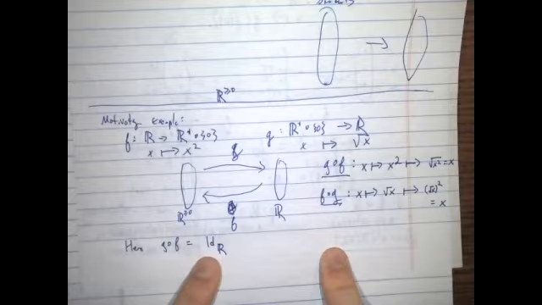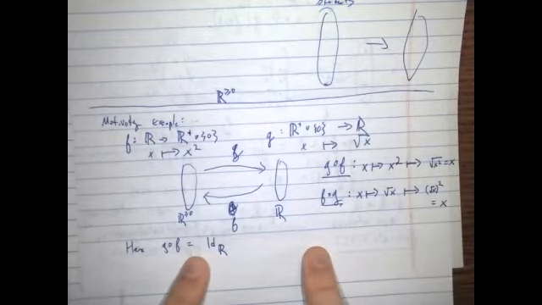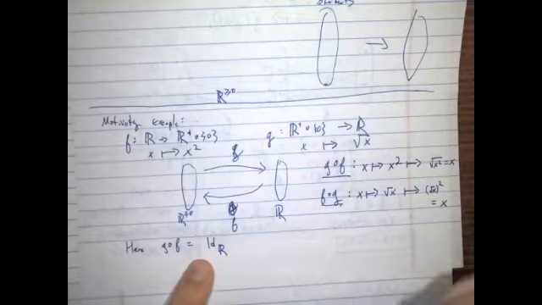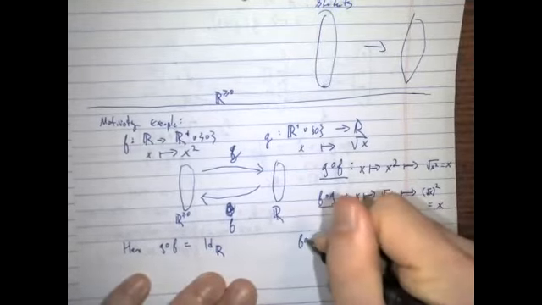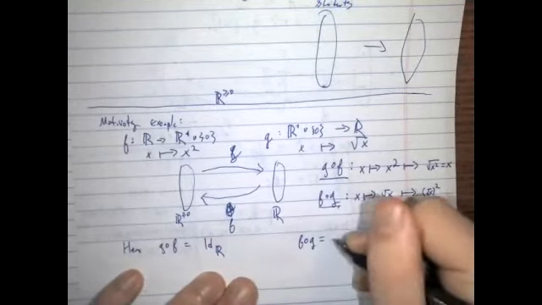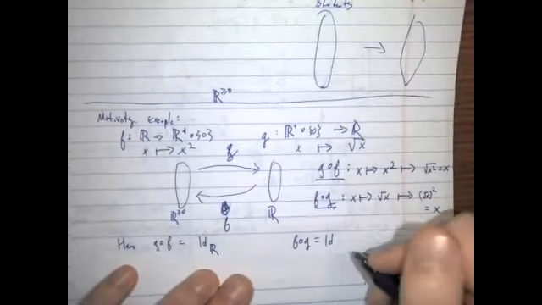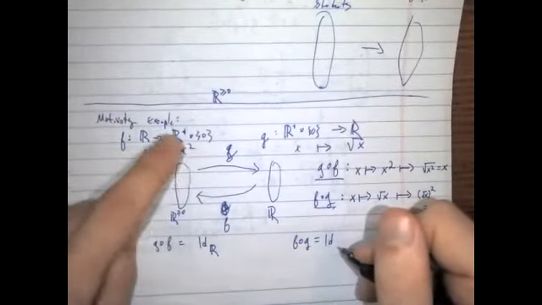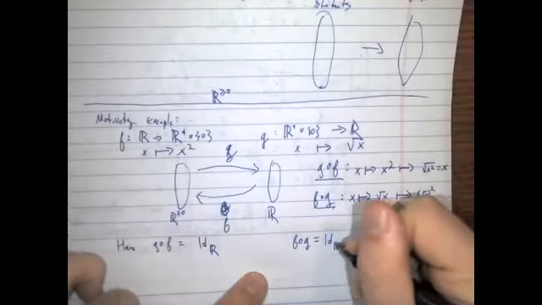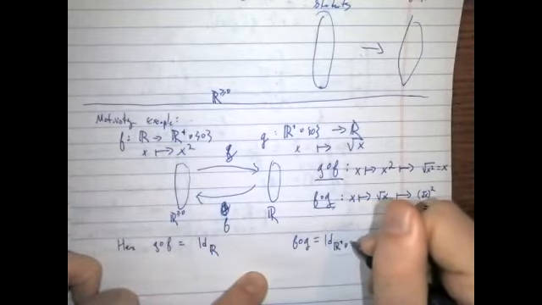It sends 1 to 1, it sends pi to pi, it sends a million to a million, it sends every number to itself. That's called the identity function. Similarly, F composed with G is equal to the identity function on this other set, R plus union 0.